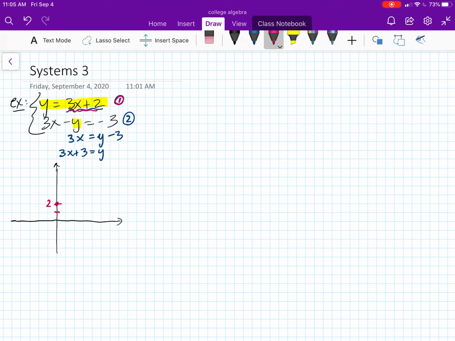That's our y-intercept. The slope is 3, up 3 over 1, or down 3, back 1. Same thing. There's equation 1. Equation 2 has a y-intercept of 3, and the slope is also 3, up 3 over 1, or down 3, back 1.